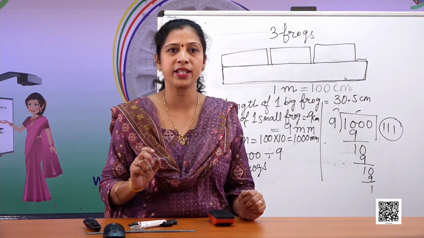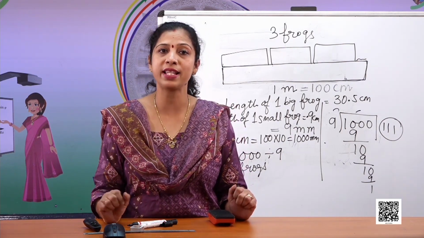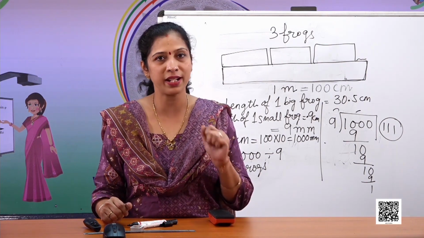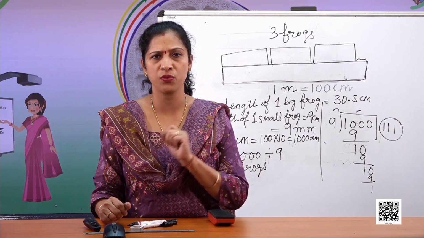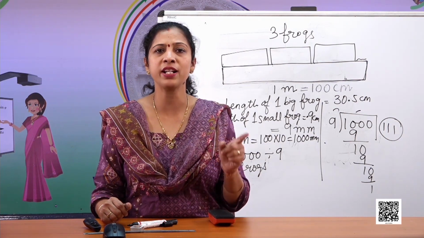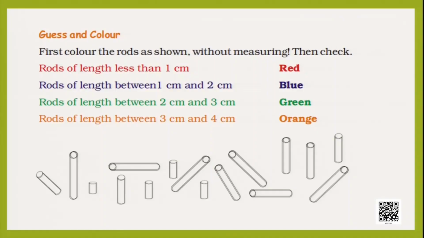Rods of length less than 1 centimeter should be colored red. Rods of length between 1 centimeter and 2 centimeter should be colored blue. Rods between 2 centimeter and 3 centimeter should be colored green. And rods between 3 centimeter and 4 centimeter should be colored orange.